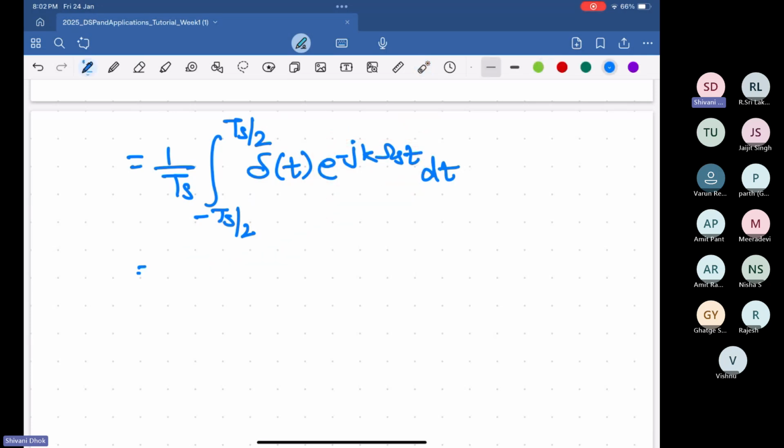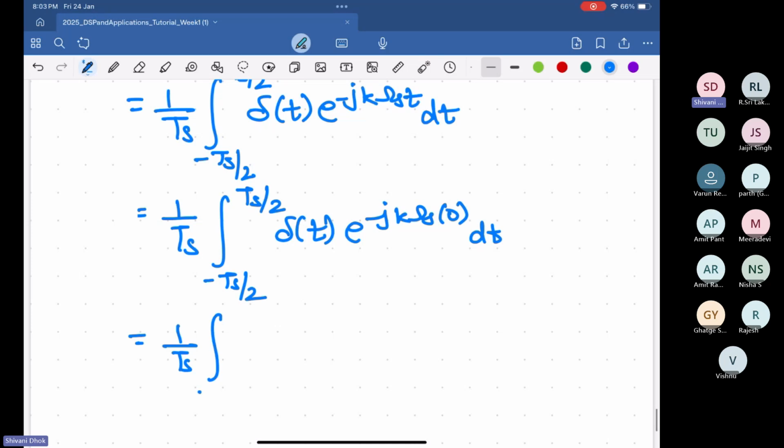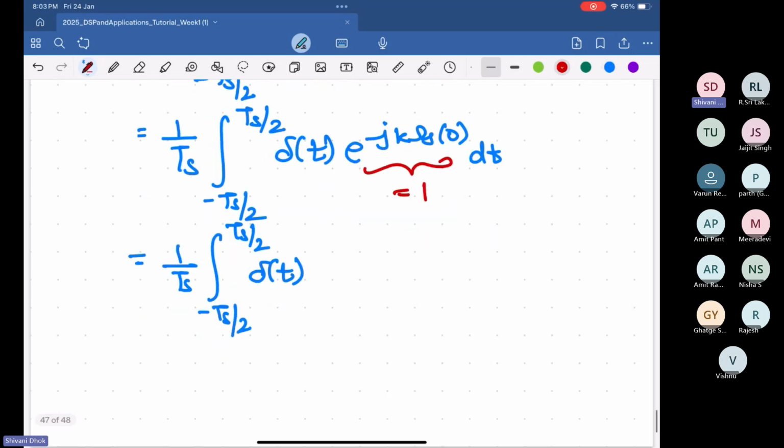So this is equal to 1 over Ts, integral from minus Ts by 2 to Ts by 2, delta of t into e power minus j k omega s into 0 dt, which is equal to 1 over Ts, integral from minus Ts by 2 to Ts by 2 of delta of t, because this exponential comes out to be equal to 1, and we are integrating over a region in which this impulse is present.